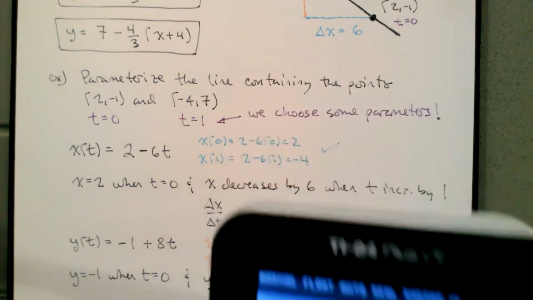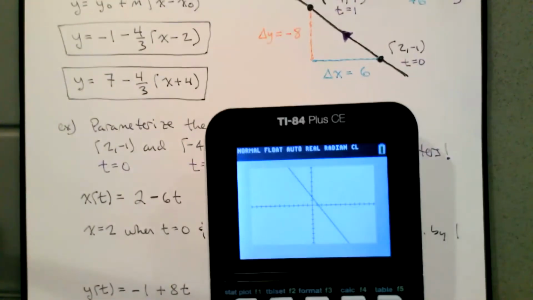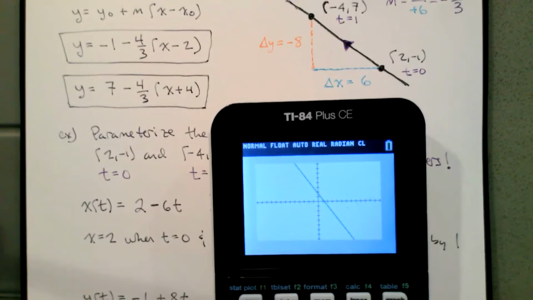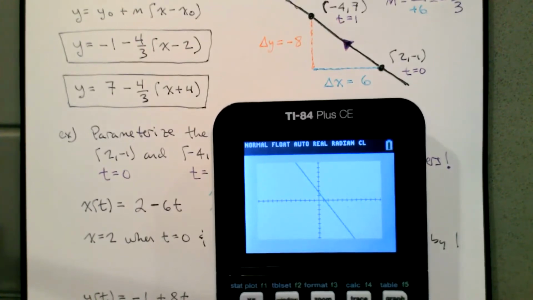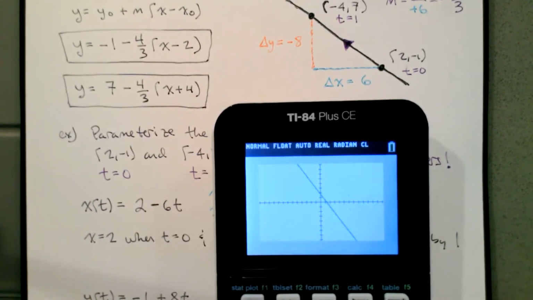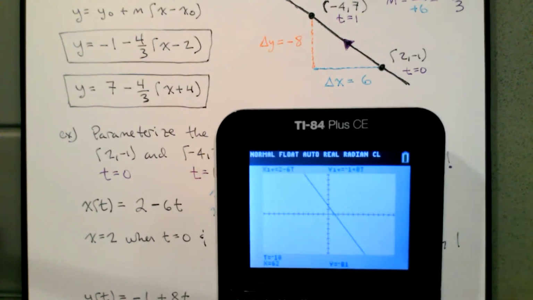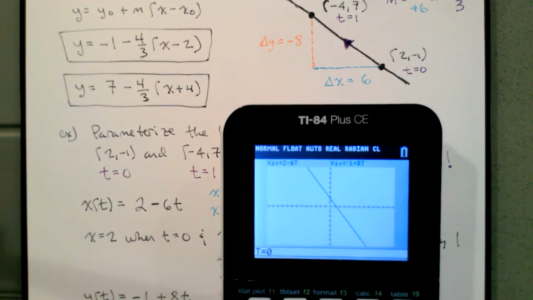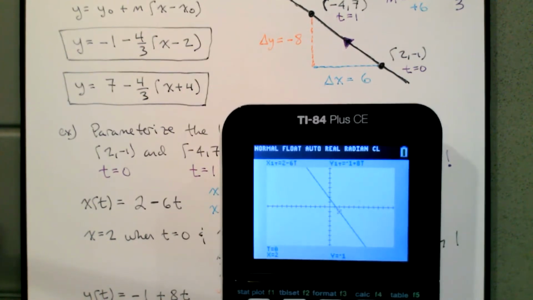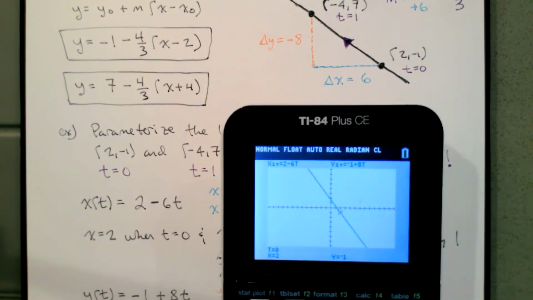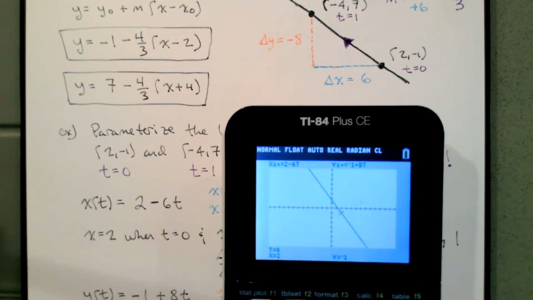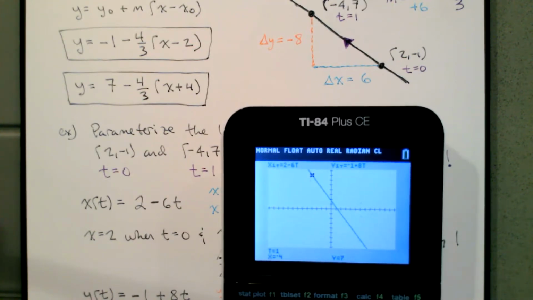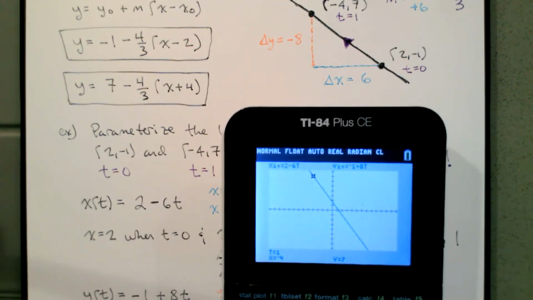That was the direction that we got when t is equal to 0. We are at 2, -1, and when t is equal to 1, we're at -4, 7. If I trace and put in a t of 0, I'm at the point 2, -1. And when I trace and put in t equals 1, I'll be at -4, 7.